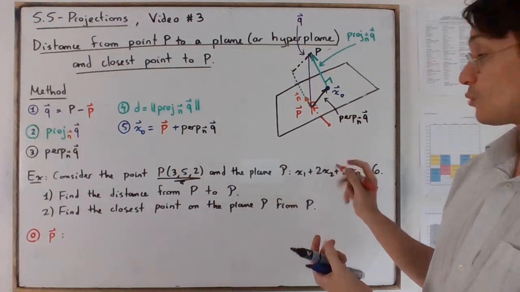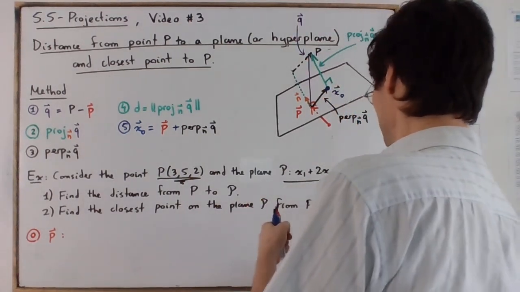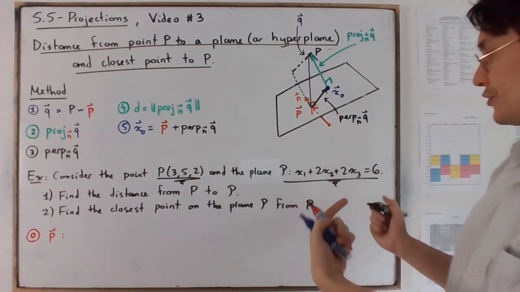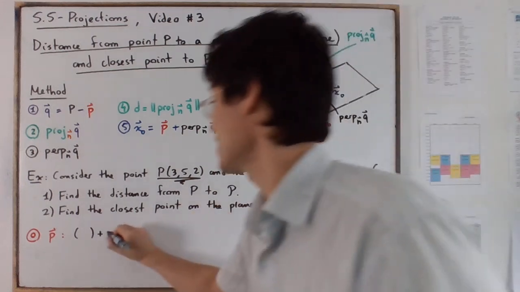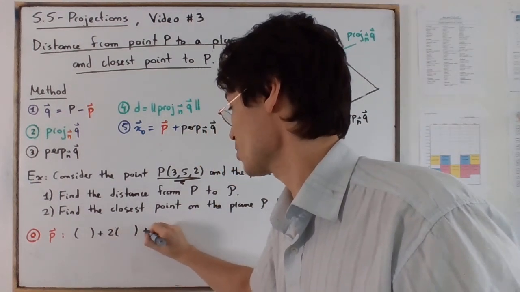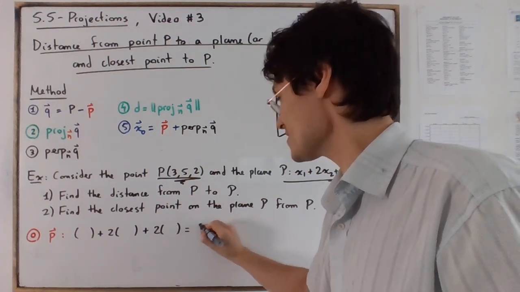So how do you do that? Well, you take the plane. This is our plane, and what you do is you just replace values for which this works, plus 2 times x3, which is equal to 6.